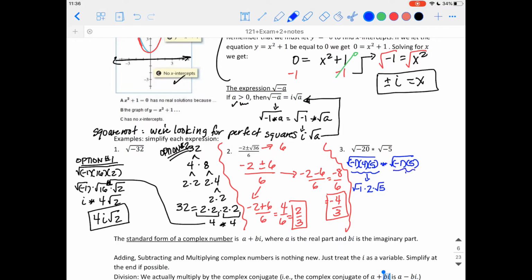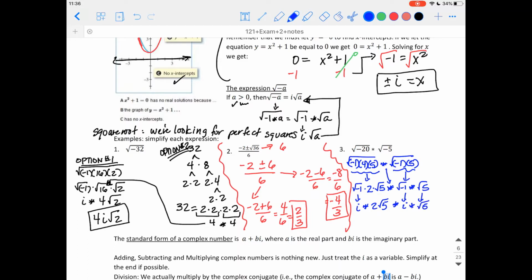And then this part right here, we're going to put the times here. Square root of negative 1, I could have just put i, but I didn't. And then times the square root of 5. So the square root of negative 1 is i. And then I have times 2 square root of 5 times another i, times the square root of 5.